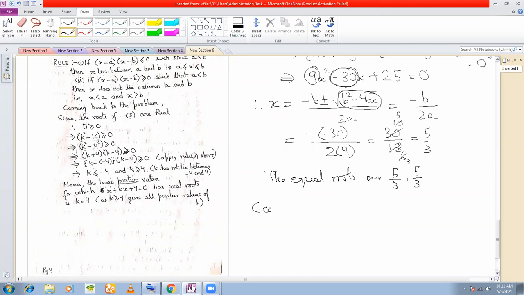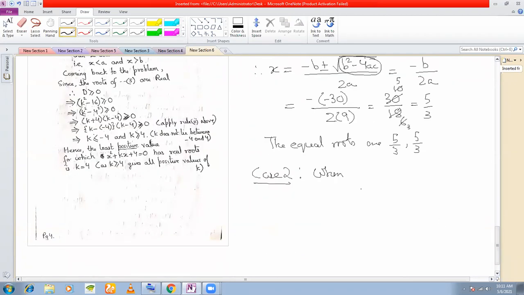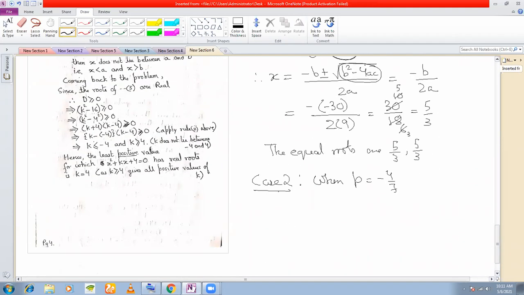We consider case 2 now. We have solved this equation for p is equal to 4. We consider the next value, when p is equal to minus 4 by 7. So you put minus 4 by 7 in the given equation as we have done here. Write the equation from 1.